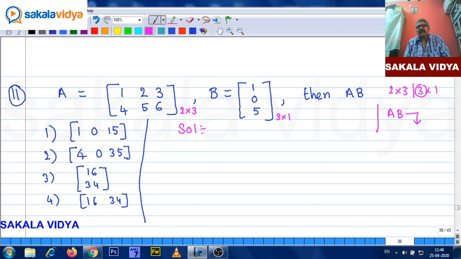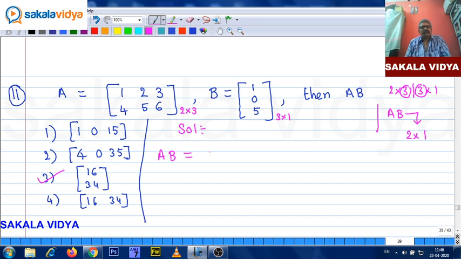The 3s cancel, we have 2 by 1. 2 by 1 means 2 rows and 1 column, so the only option will be the third one, because the others are 1 by 3, 1 by 3, and 1 by 2. Understood now? Third option. But let us do it now.